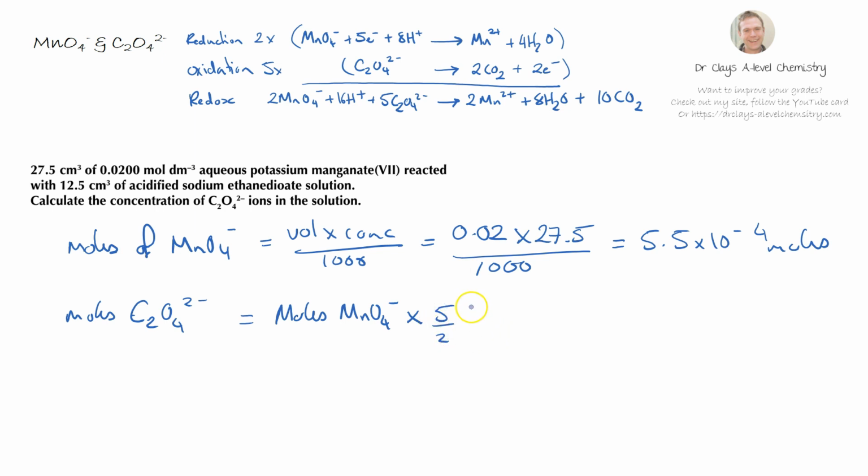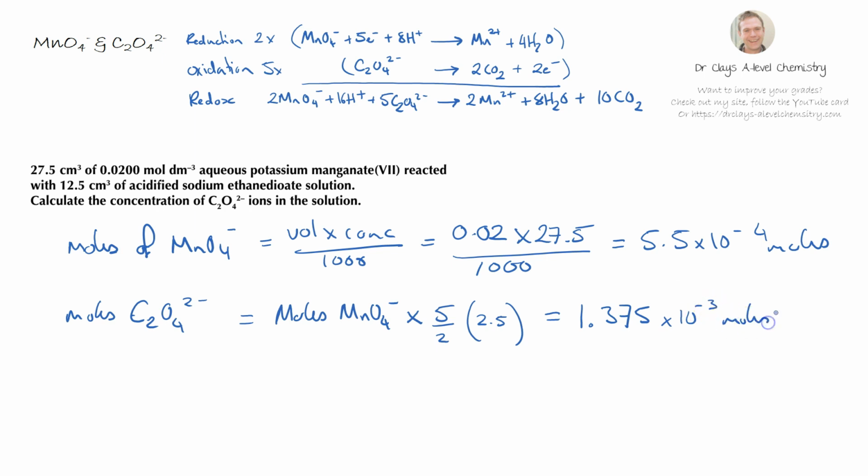So I could write 5 over 2, or you could write 2.5. Doesn't really matter how you come to that answer, but that's just what it is, because that's what we got from the stoichiometry of the reaction, giving us a total here of 1.375 times 10 to the minus 3 moles of ethane dioate.